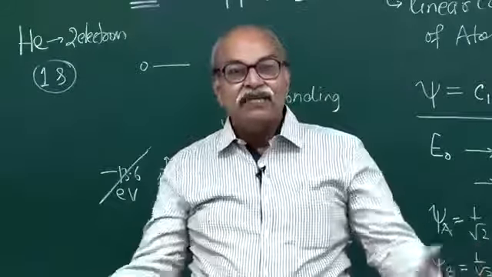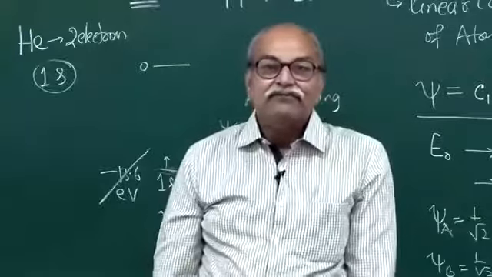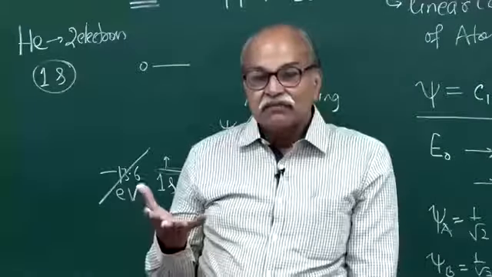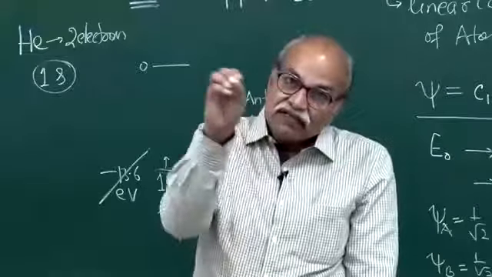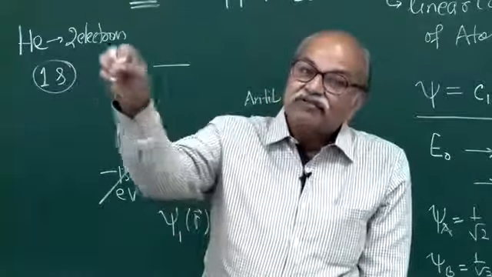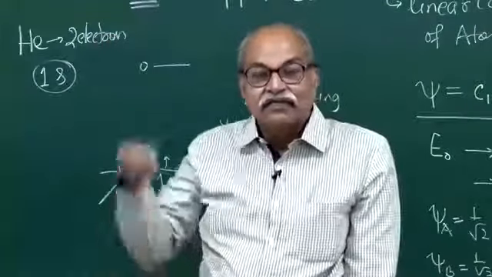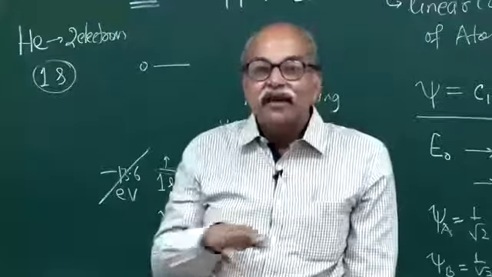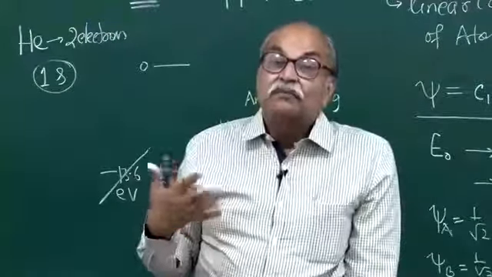So, whichever way you go, you end up with the result that if the atoms are brought closer to each other, so that the electrons start feeling the presence of other atoms, electrons of other atoms, other nuclei, then these sharp energy levels are split into energy bands.